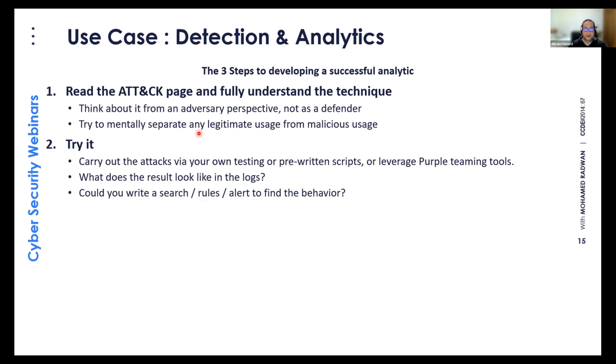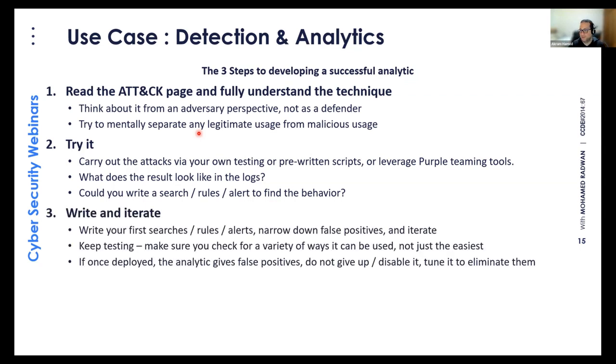And then if something is not working as you would expect, you would go to step 3, which is basically iterating and keeping testing. So you would go and tune the use case and so on.